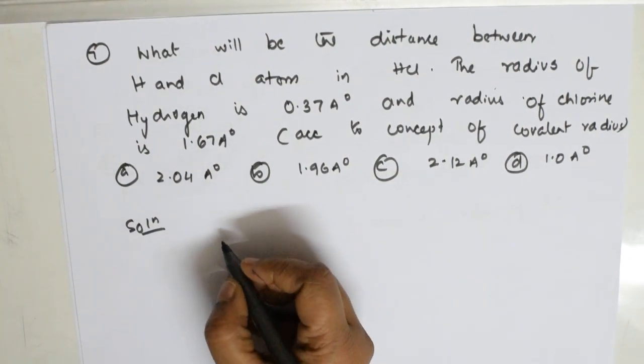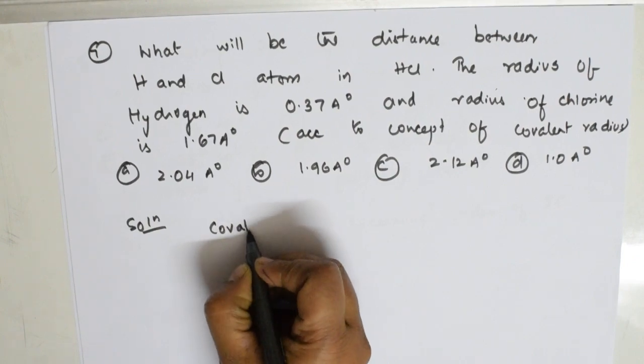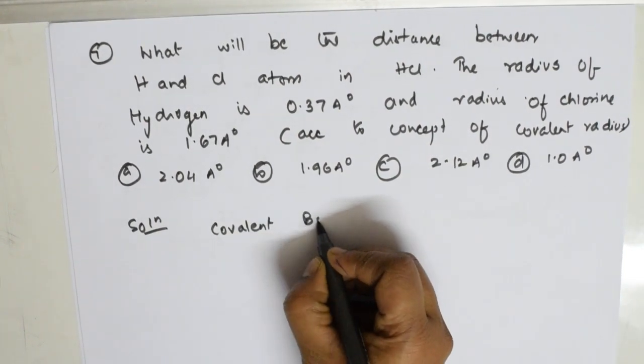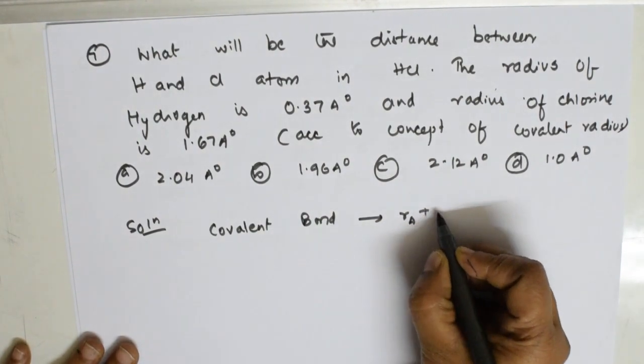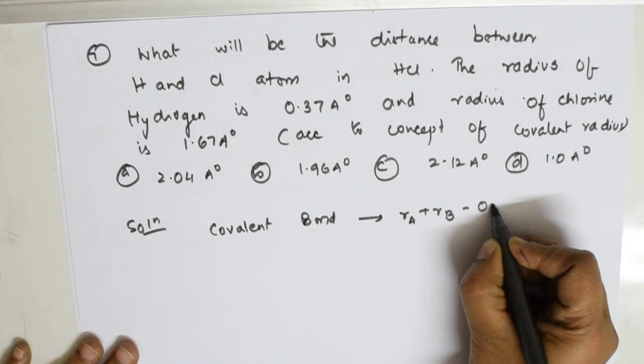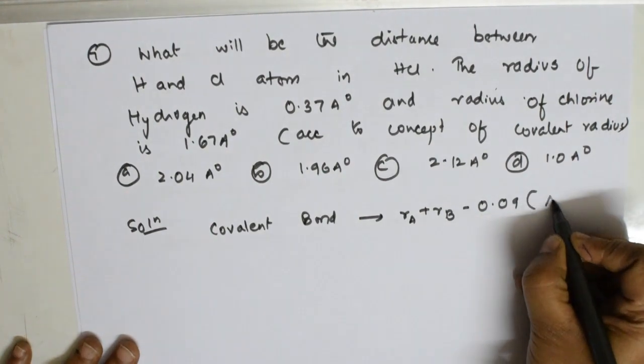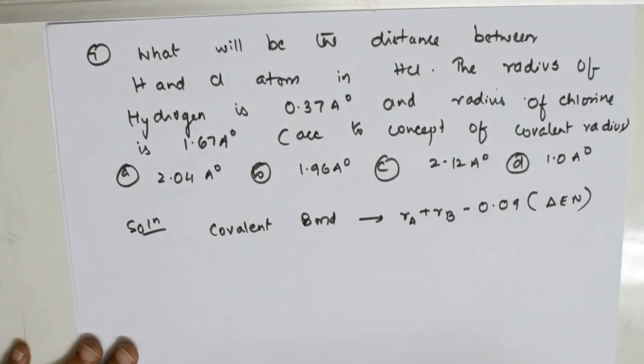Basically, for the covalent bond, the formula which I use is Ra plus Rb minus 0.09 into the electronegativity difference, correct?